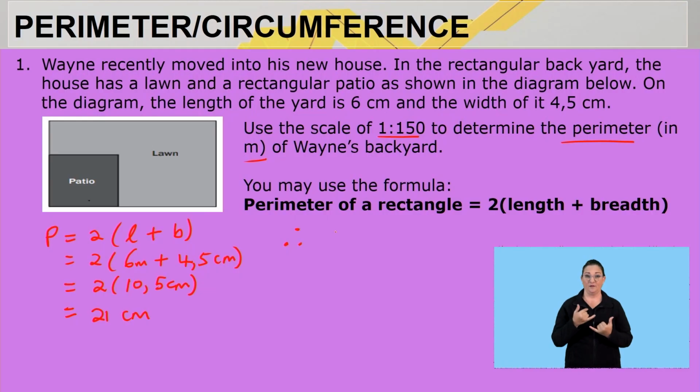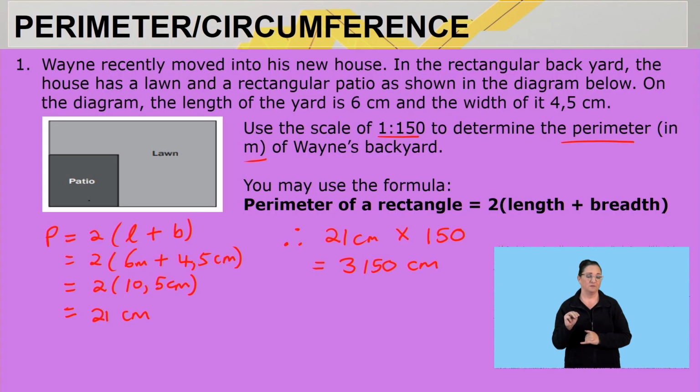So from here, I'll take the 21 centimeters and multiply it by the scale of 1:150. So I multiply it by 150. 21 times 150 will give me an answer of 3,150. Remember, it's still in centimeters.